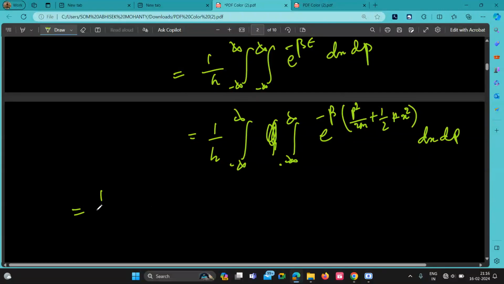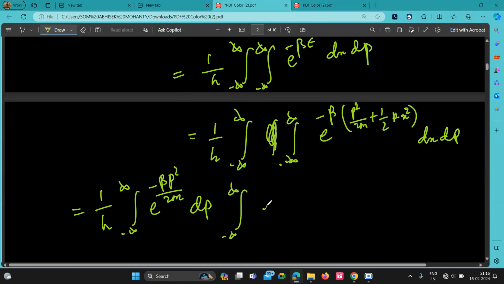If I separate them out, it is the integral of e to the power minus beta p squared by 2m dp times the integral of e to the power minus beta half kx squared dx. Now we just have to do the integration.